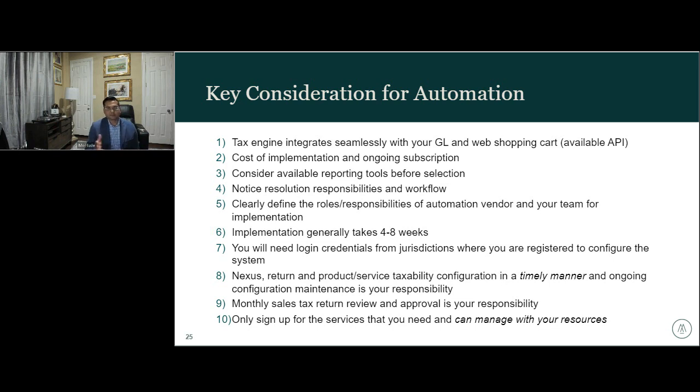And after that, you can add new states by the 30th. For Vertex, the first time around it's around the 12th, and then in the next month, you can add new jurisdictions up to the 25th of the month. So you just need to understand the different timelines, otherwise you have to file manually the tax returns that fall into the gap.